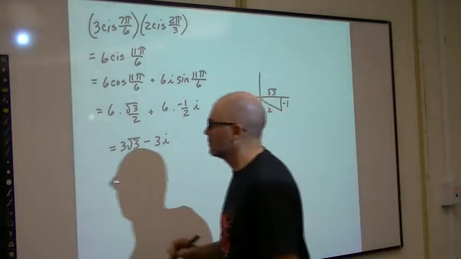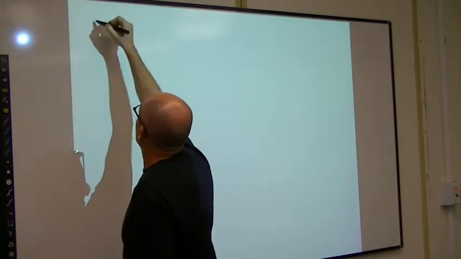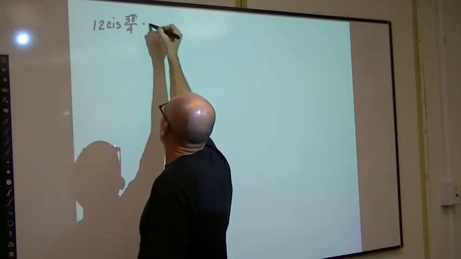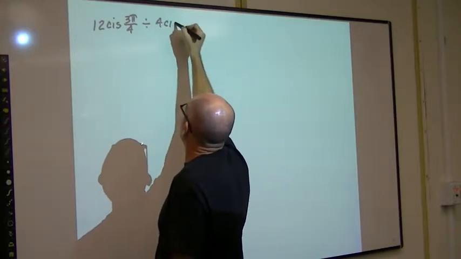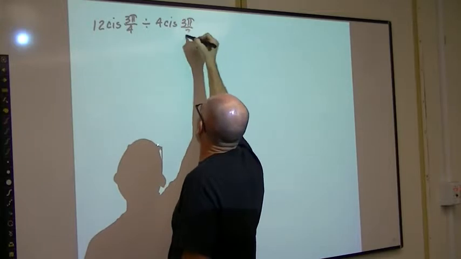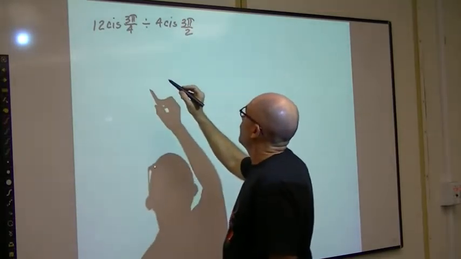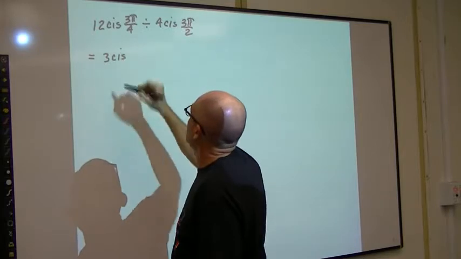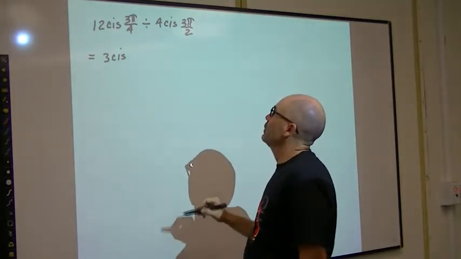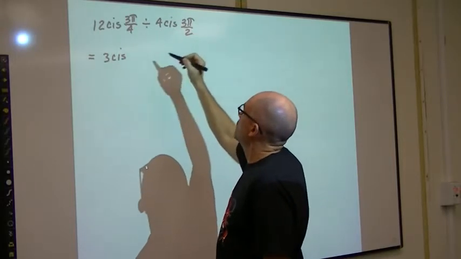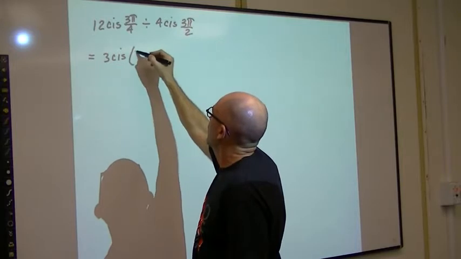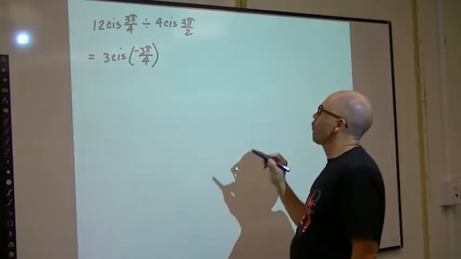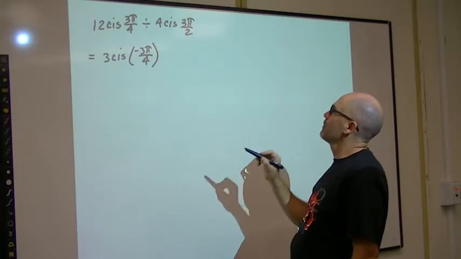Okay, so we've got 12 divided by 4, which is 3, cis pi over 4 minus 3 pi over 2, which is pi over 4 minus 6 pi over 4, which is negative 5 pi over 4.